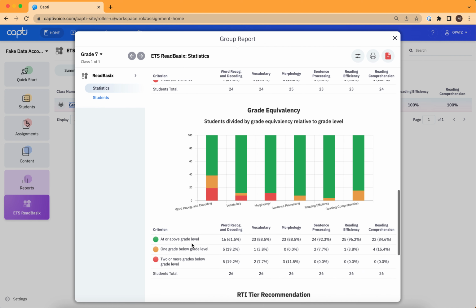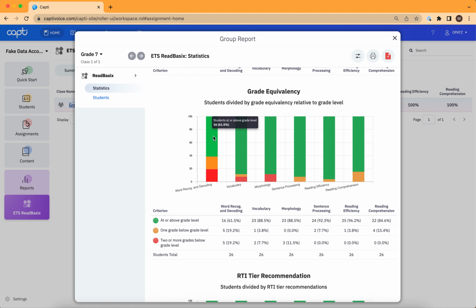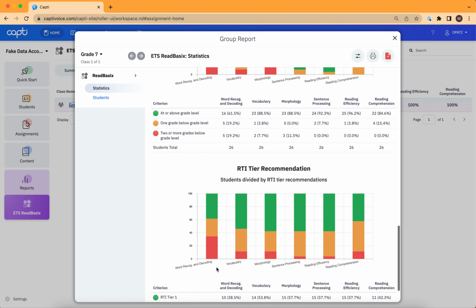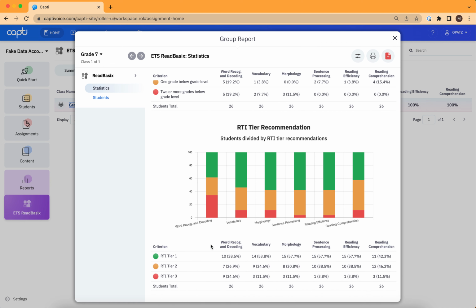I can also look at their grade equivalency, green meaning that they are at or above grade level. This next one is students who are 1 grade level below, and then 2 or more grade levels. We can also see their RTI tier recommendation and see the number of students who are recommended to have interventions, whether they're tier 2 or tier 3, for each foundational reading skill.